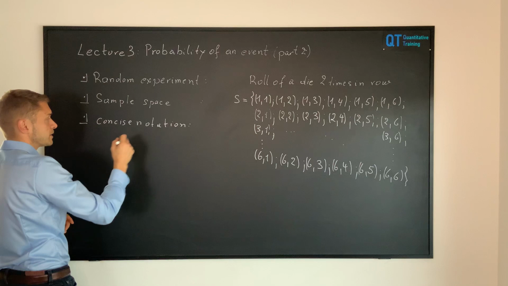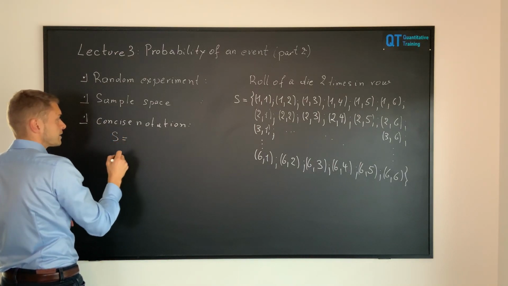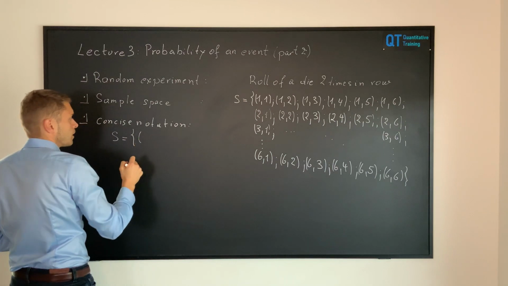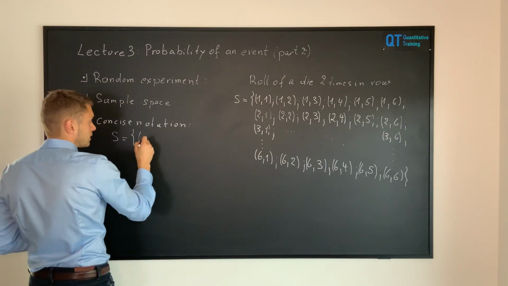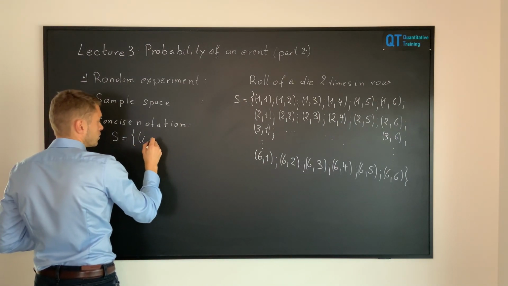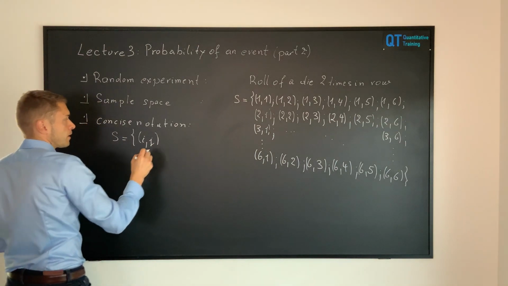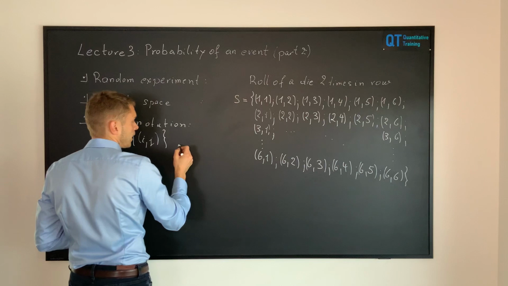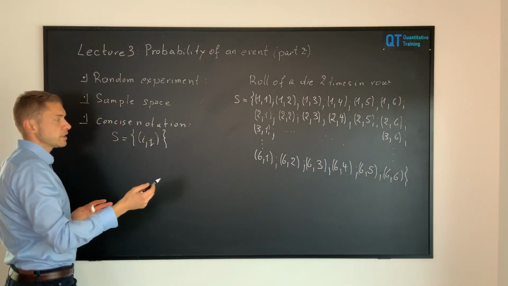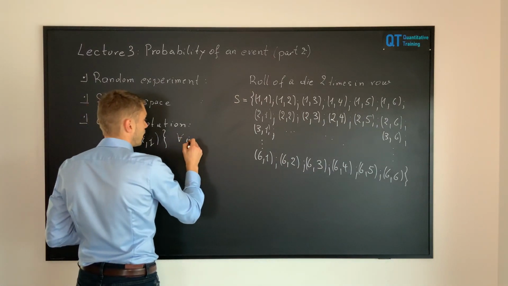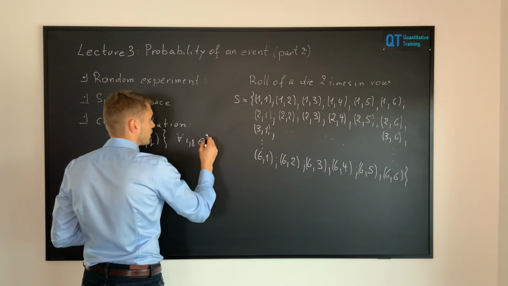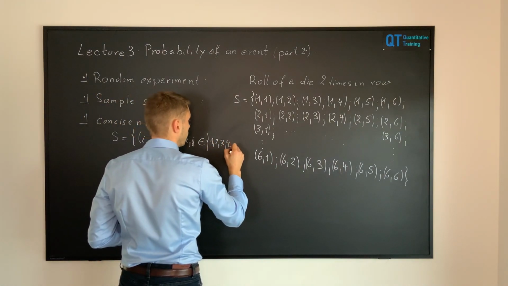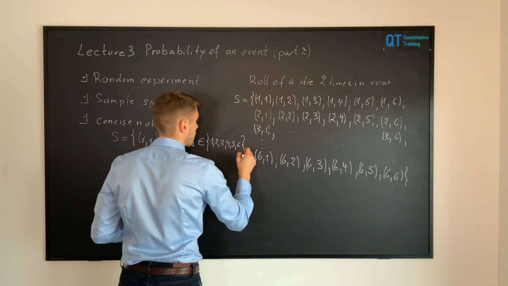Basically, we would have the same sample space S, and then the set composed of elements, let's call them I and J, with I and J running from 1 to 6, so for all I and J belonging to the set 1, 2, 3, 4, 5, 6.